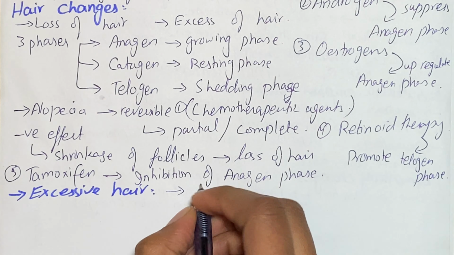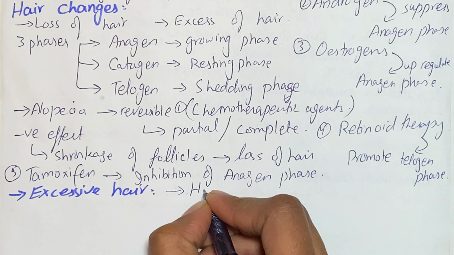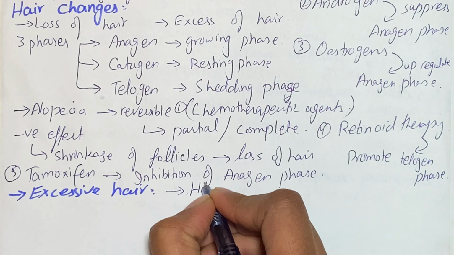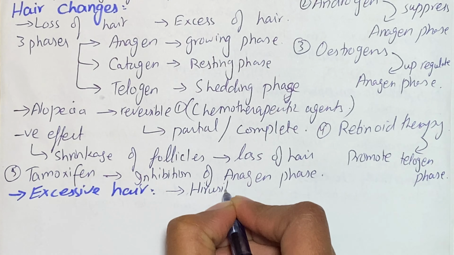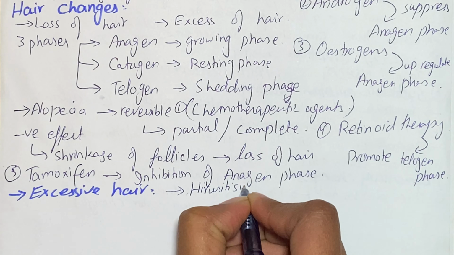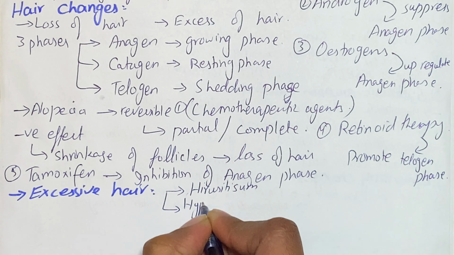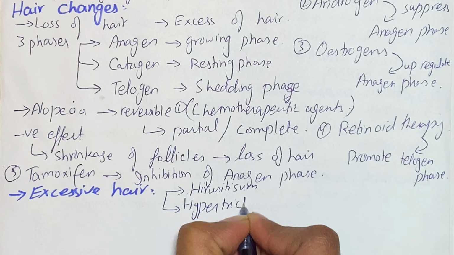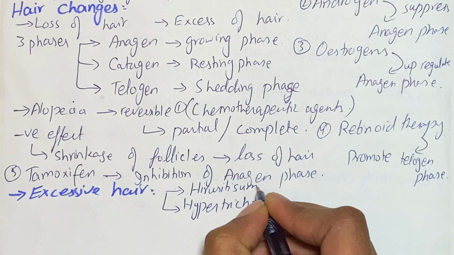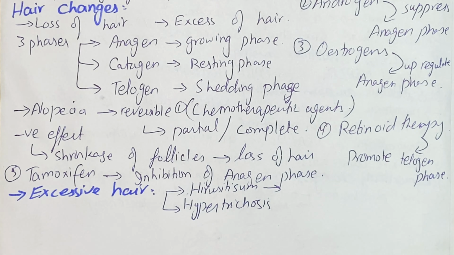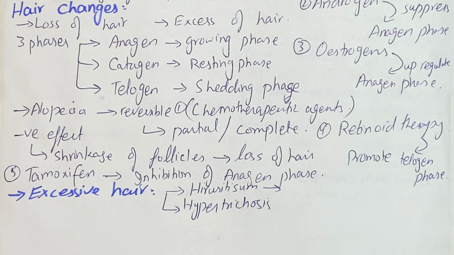Excessive hair can be of two types, that is hirsutism and hypertrichosis. In hirsutism, what actually happens is that there is excessive growth of hair on those parts of the body where hair follicles are already present, or where there is presence of hair in normal condition too, but their growth is being enhanced in this condition.